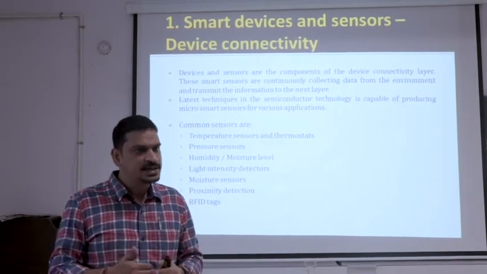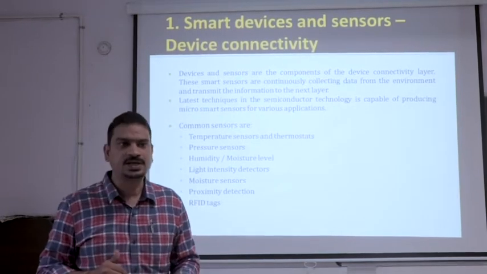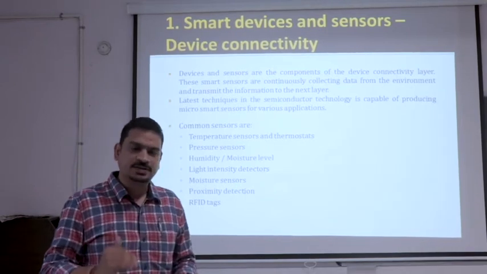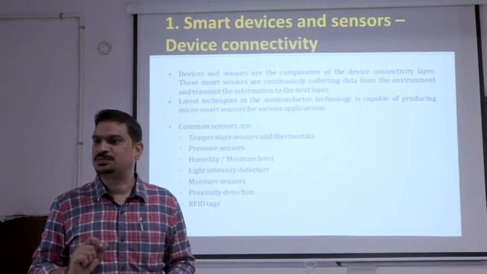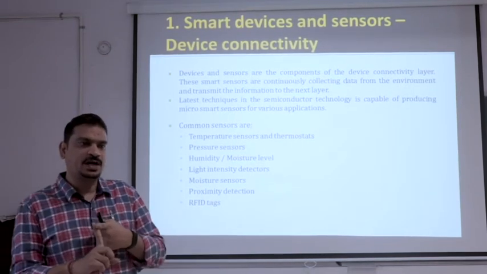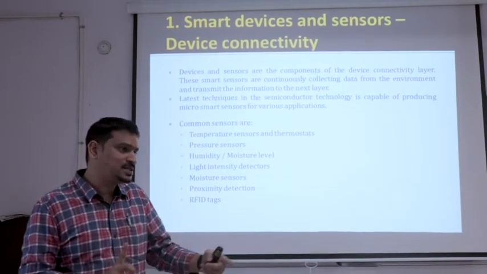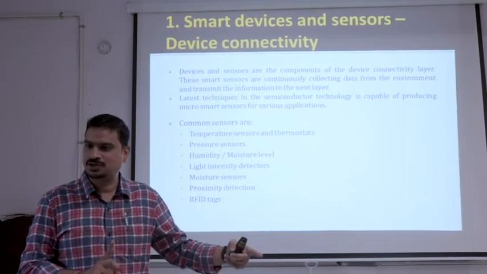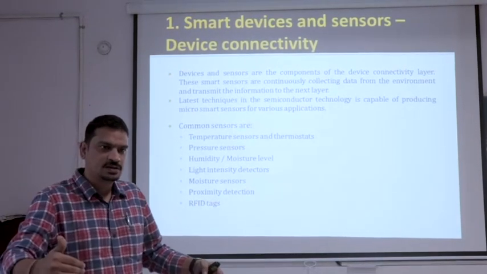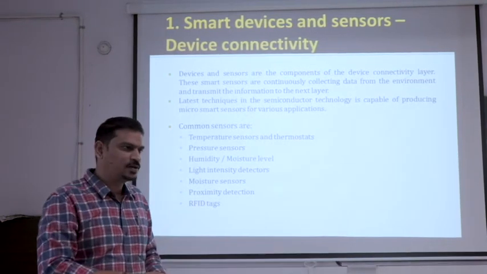How many layers? 7 layers. This starts with the physical layer. The physical layer is used for the actual data transmission, meaning from one system, how my data is transmitted to another system. What are the media by which my data will be transmitted from one device to another device? I have 0 and 1 data, and I cannot send it as 0 and 1.